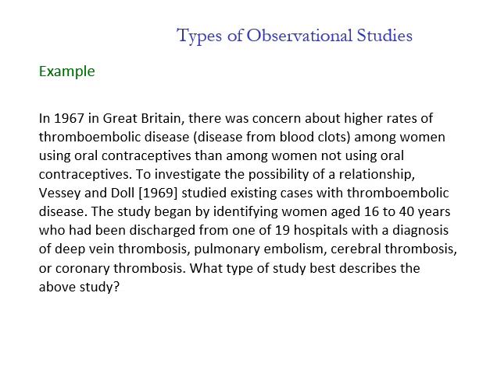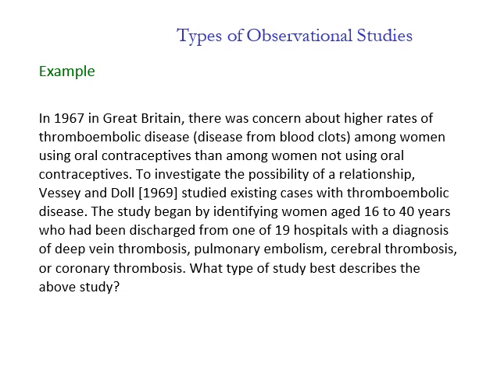Okay, let's look at this example. I'll just give you a few seconds to read it. In 1967 in Great Britain, there was a concern whether the occurrence of, let's say, blood clots happens in women taking oral contraceptives or not. So to look at the relationship, Vessey and Doll in 1969 studied the existing cases of this blood clot disease.